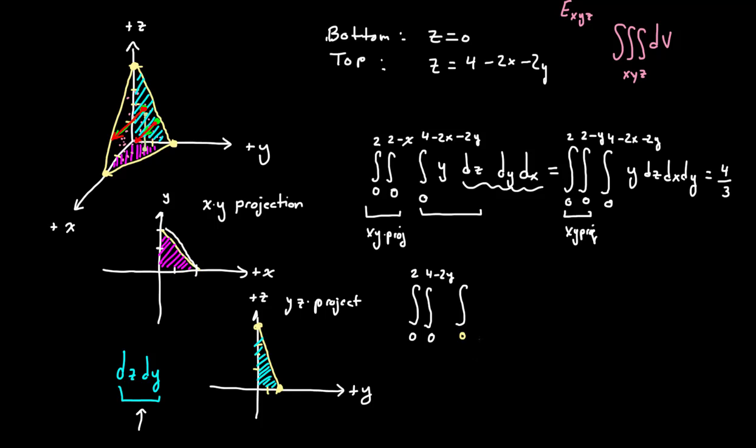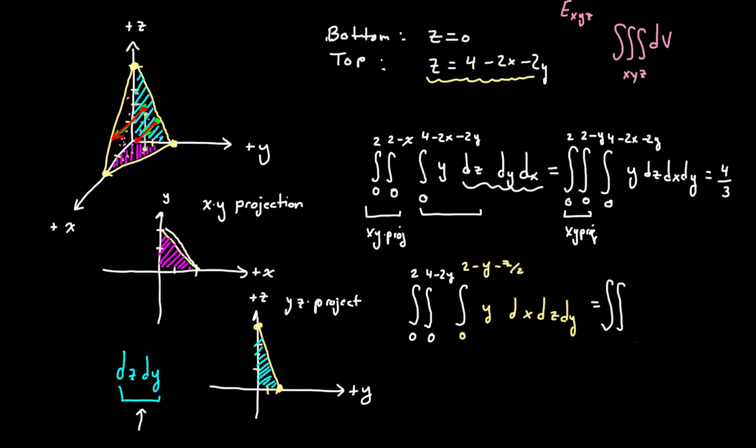And then when we come out to the plane, I have to solve this plane for x, and that top bound is going to be 2 minus y minus z over 2. And then we have dx dz dy.